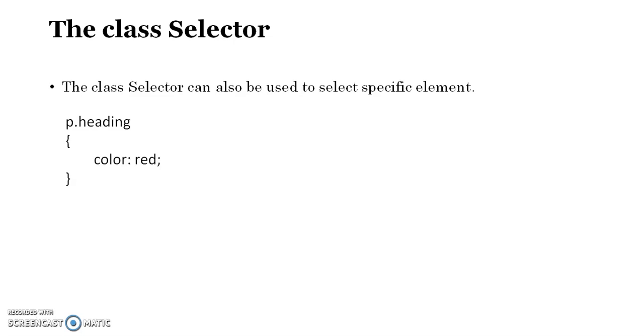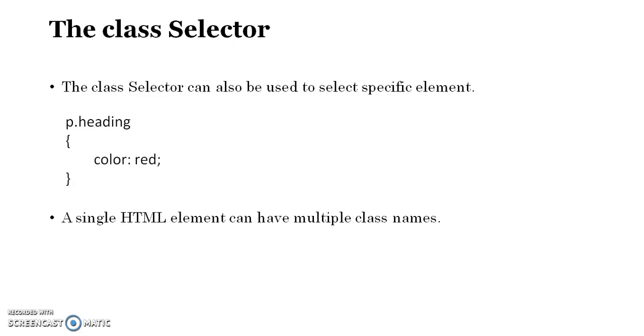One other advantage of the class selector is that a single HTML element can have multiple class names. Suppose you want to change the look of your h1 in different ways, and you can provide two class names like this.